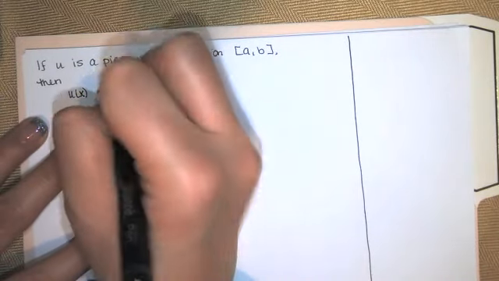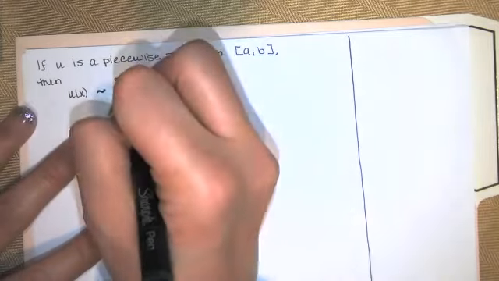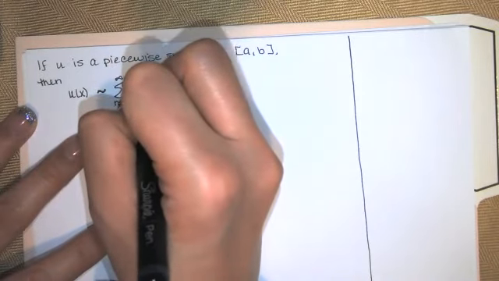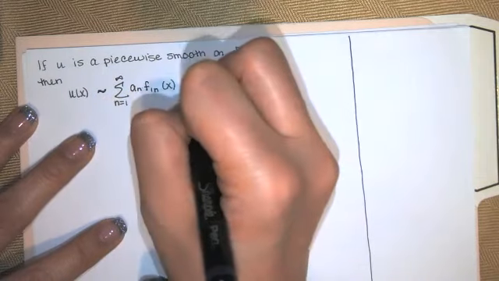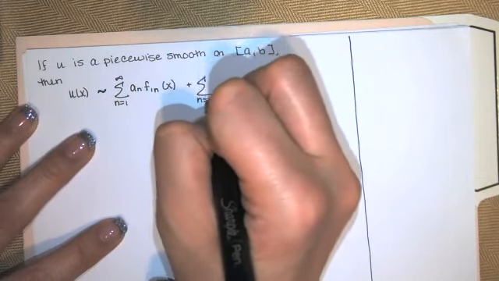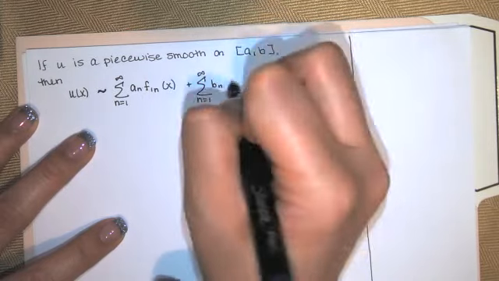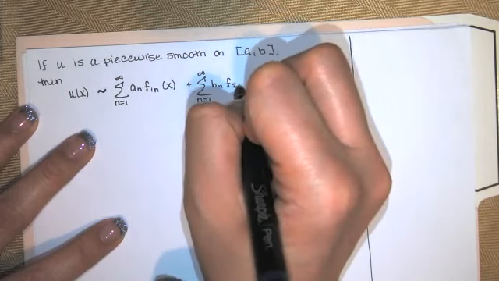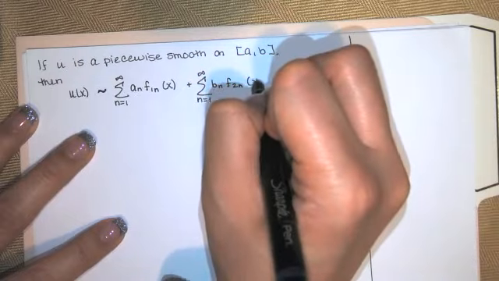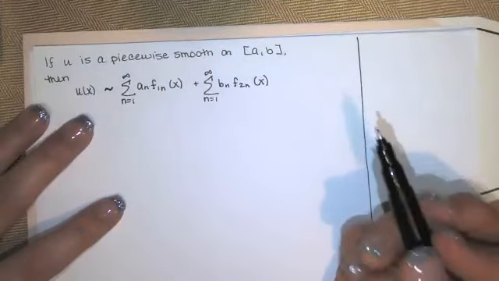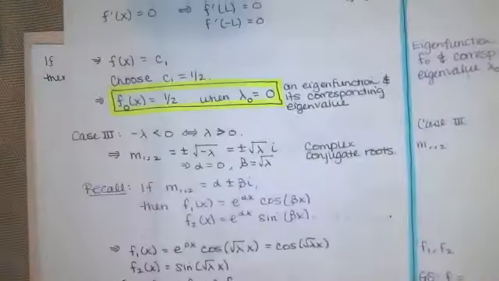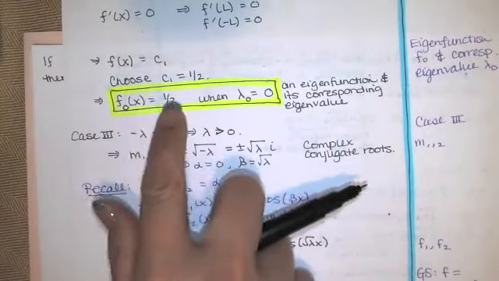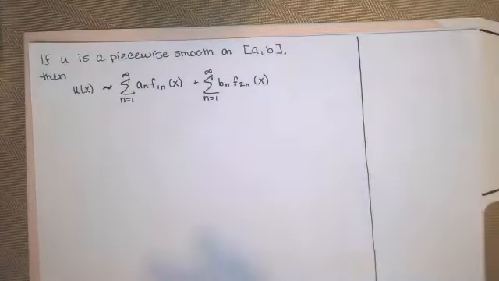The sum as n goes from 1 to infinity, let's say, of a sub n times f sub 1n of x plus the sum as n goes from 1 to infinity of b sub n times f sub 2n of x. And then we also had that extra term, remember, in the case when lambda was equal to 0. So we should also have a constant times this function.